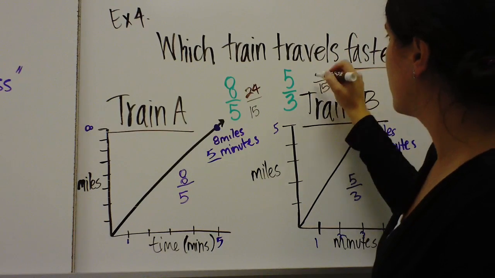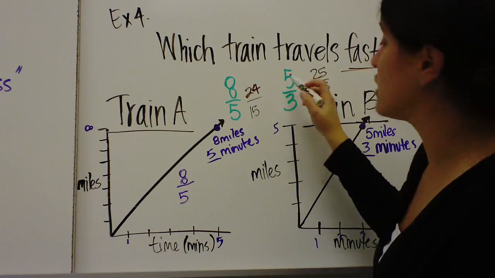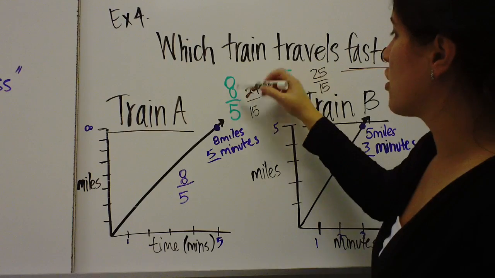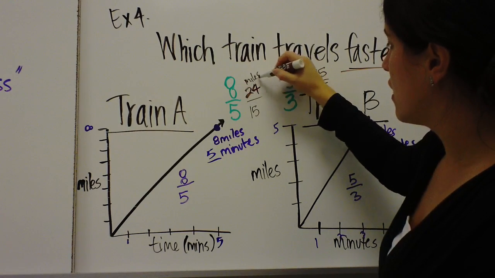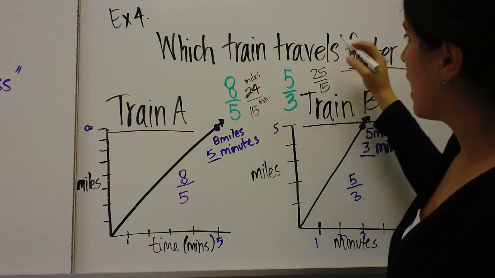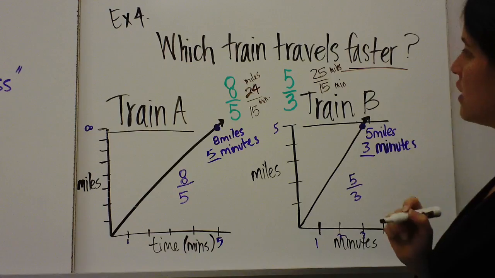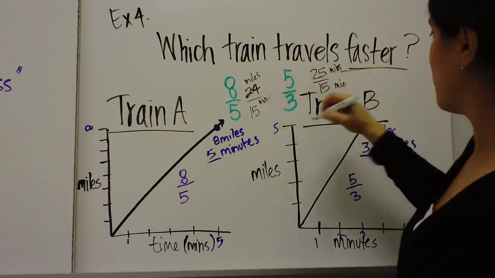And this would be 3 times 5 is 15. So 5 times 5 is 25. So this one can go 24 miles in 15 minutes. And this can go 25 miles in 15 minutes. So which one is a faster train? Train B.